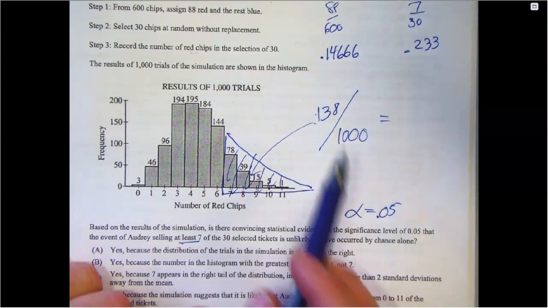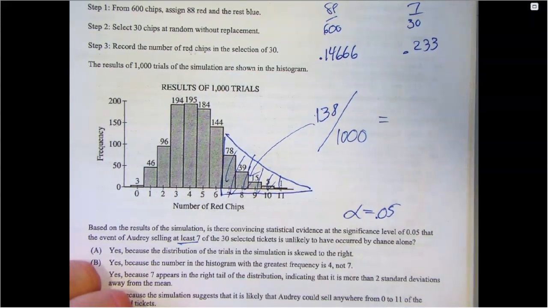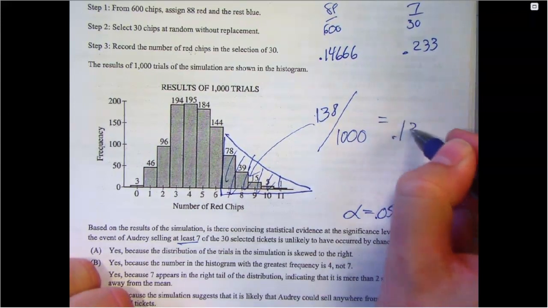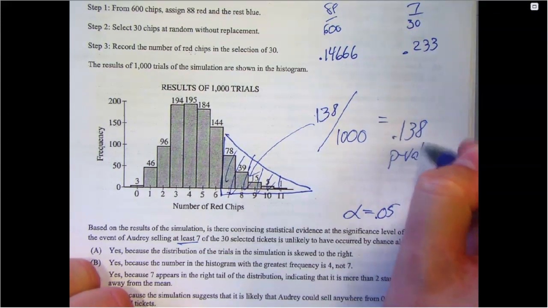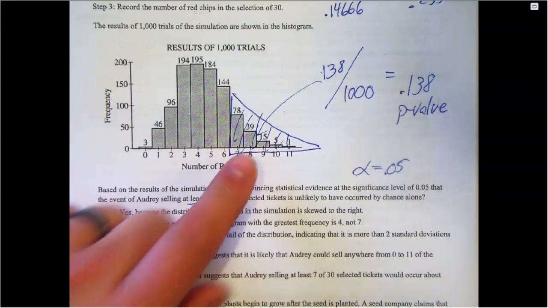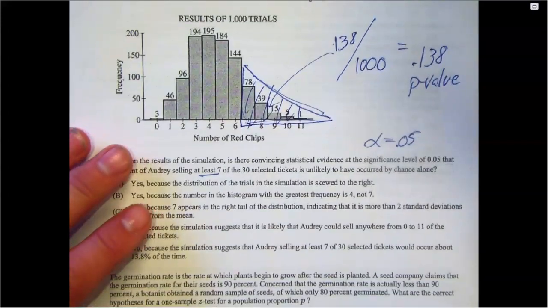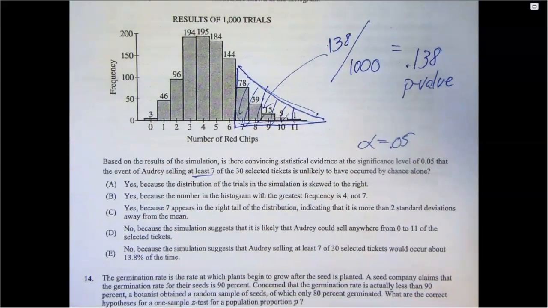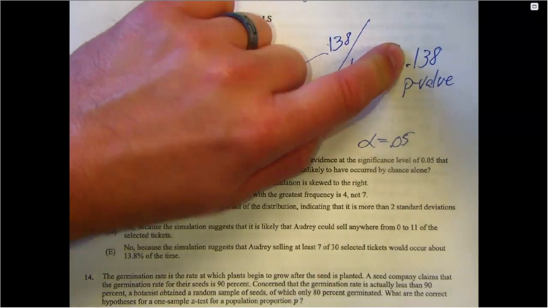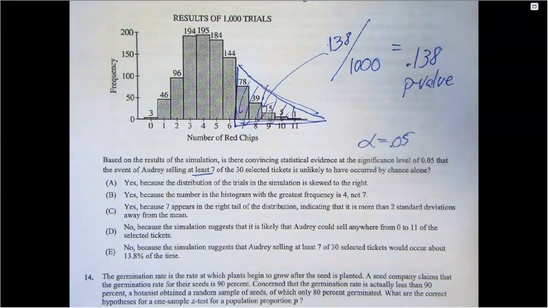What proportion is that? 0.138 is my p-value, because that's the probability that I get something that weird or weirder. And then if I look down through my answers, is that bigger or smaller than 0.05? Bigger, so are we rejecting or failing to reject? Failing to reject, so is there enough evidence or not? No, so that's easy.